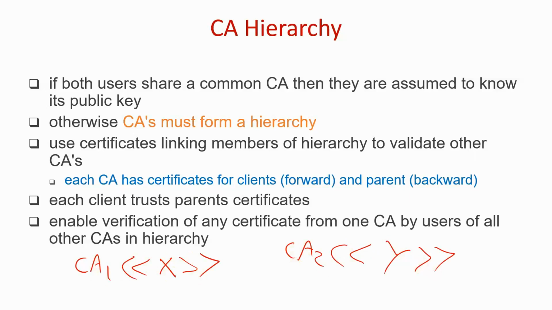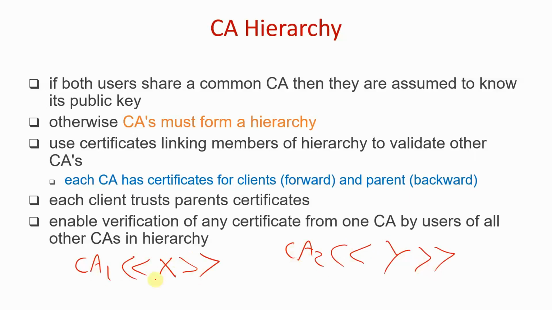So there needs to be a solution in this case so that X and Y would trust each other's certificate authorities. X would trust CA1 and CA2, and Y would trust CA1 and CA2. This is solved by having the certificate authorities themselves exchange certificates with each other.